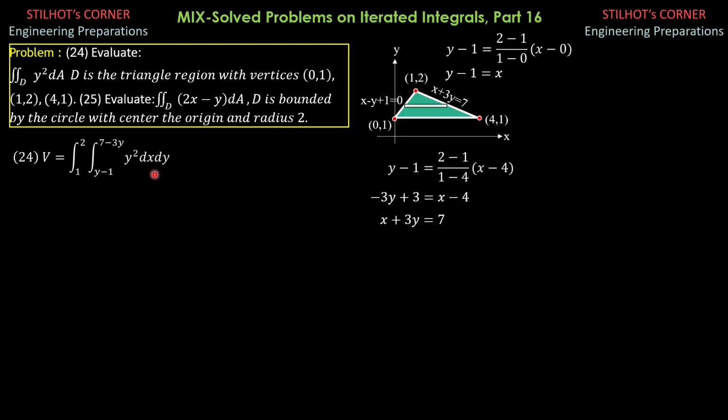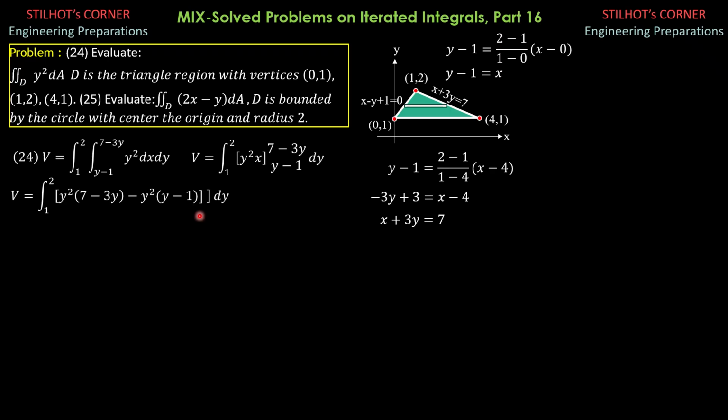So we treat y squared as constant, so this is y squared x. Volume equals integral 1 to 2 of quantity y squared x from y minus 1 to 7 minus 3y dy. Substituting, volume equals integral 1 to 2 of y squared times quantity 7 minus 3y minus y squared times y minus 1.